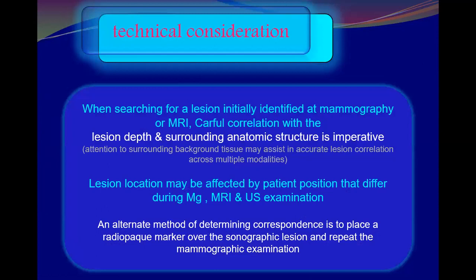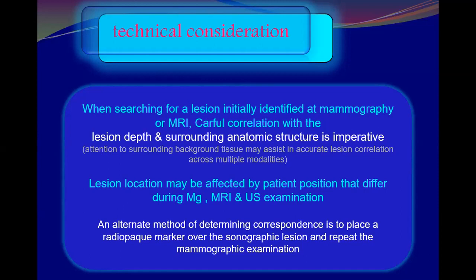When searching for a lesion initially identified at mammography or MRI, we have to carefully correlate it with the lesion in ultrasound regarding the depth and surrounding anatomic structures. We have to pay good attention to the surrounding background tissue.